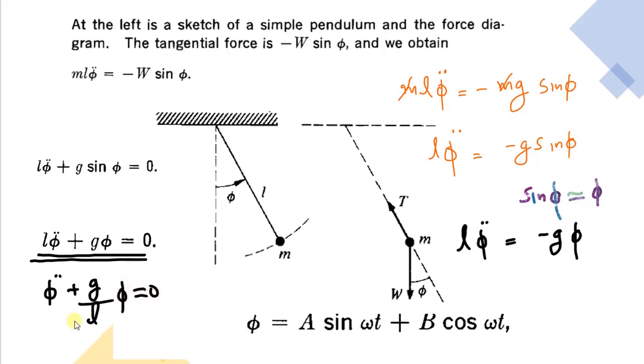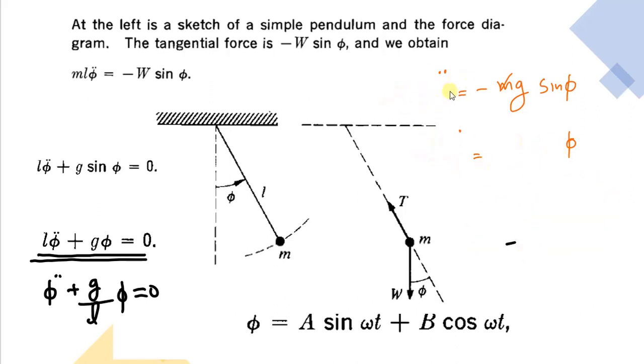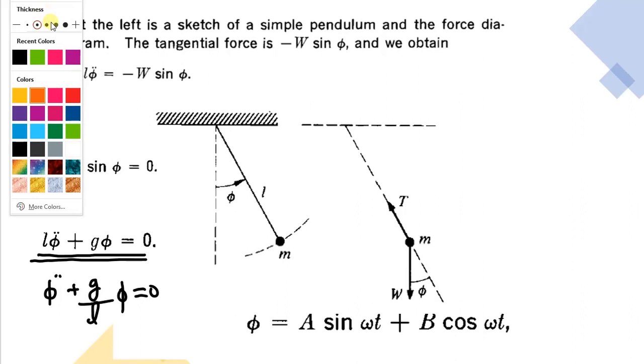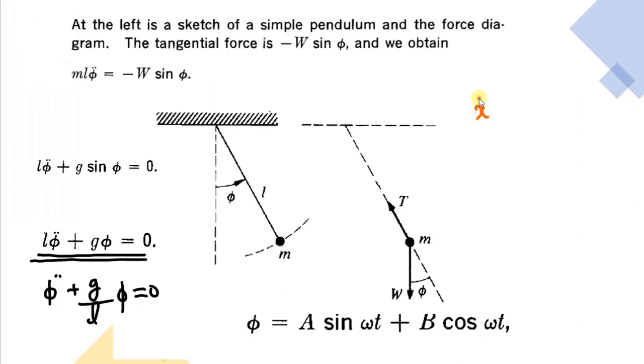Now you can see that this equation is of the form we discussed earlier, like this: x double dot plus omega squared x equal to 0, or d squared x by dt squared plus omega squared x equal to 0.